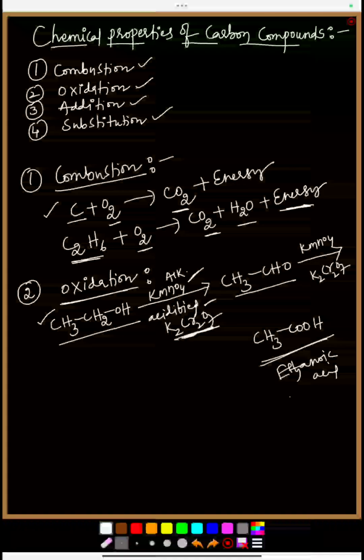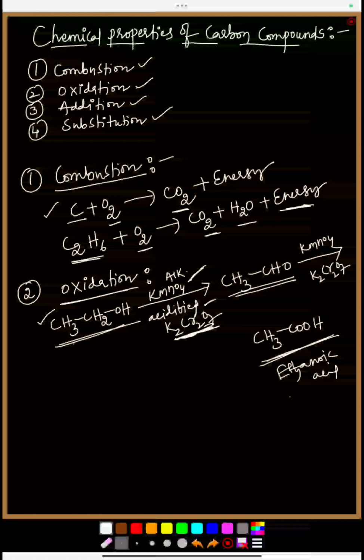So these reactions are called oxidation reactions. What we have observed here, alcohols converted into aldehydes, aldehydes converted into carboxylic acids in presence of powerful oxidizing agents like potassium permanganate or potassium dichromate. So these types of reactions are called oxidation reactions.